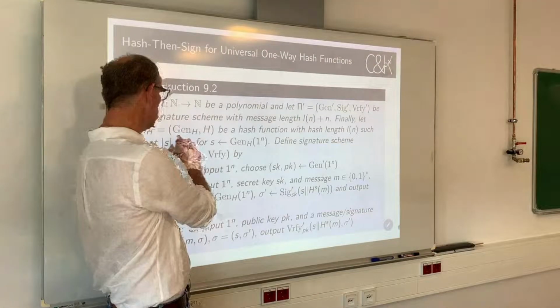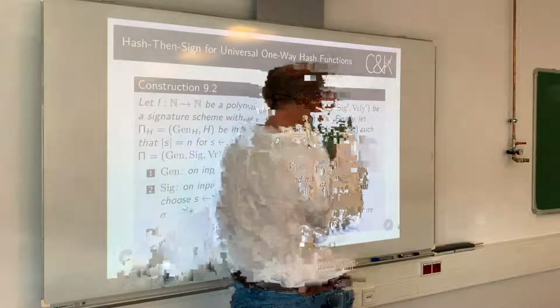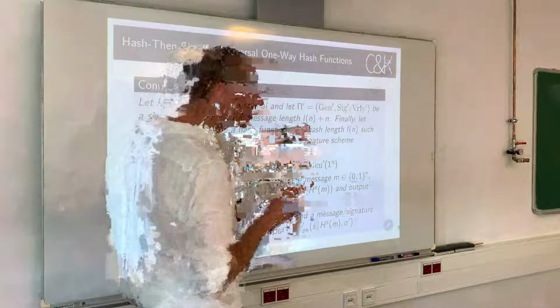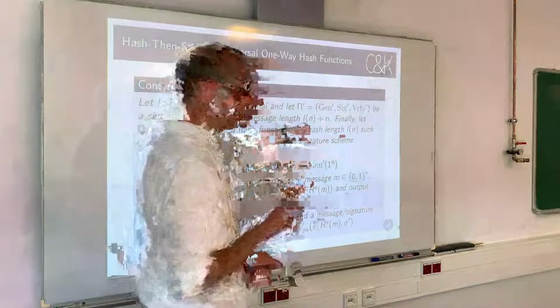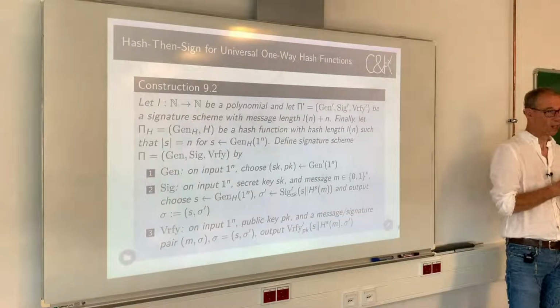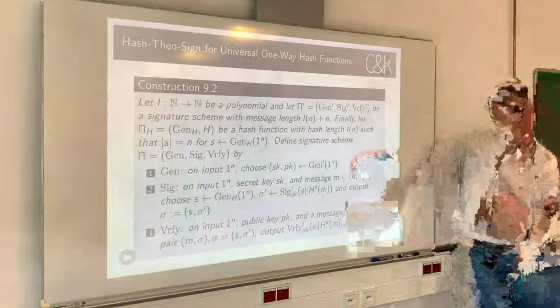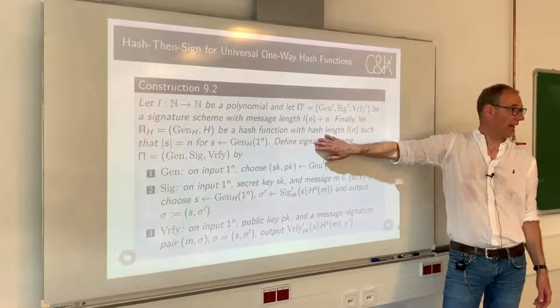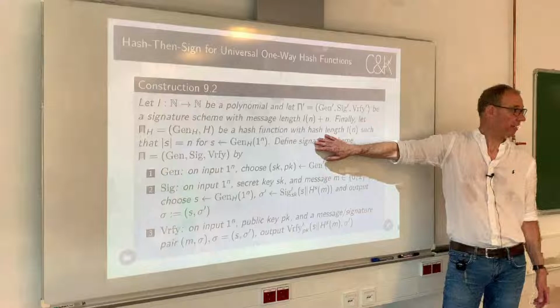And I assume that pi h is a hash function with hash length L of n, such that keys on input 1 to the n have length exactly n. So this is a little bit more complicated than in the hash then sign with collision-resistant hash functions, where we just said that the signature scheme with message length had to be L of n, and the hash length had to be L of n as well. Those two had to fit together.